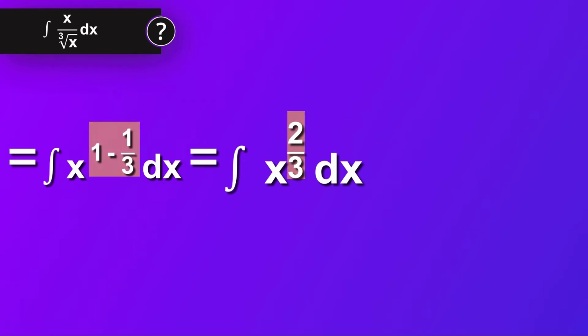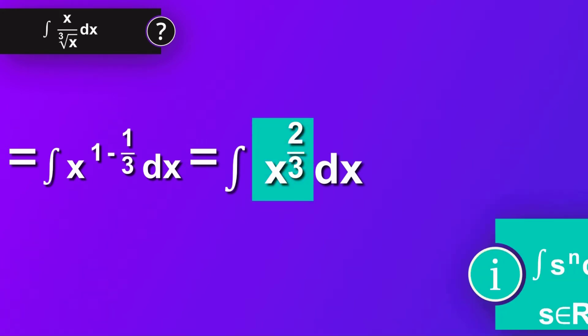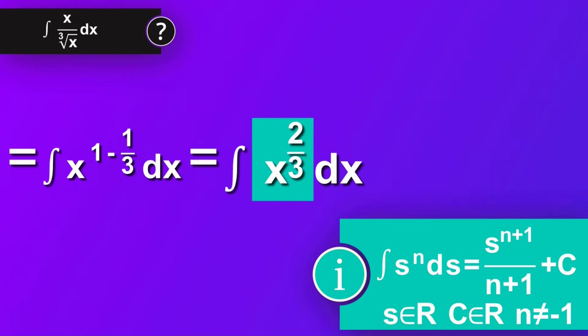Now, we've modified our integrand to make use of the formula for solving the integral of s raised to n, which is s raised to n plus 1 divided by n plus 1.